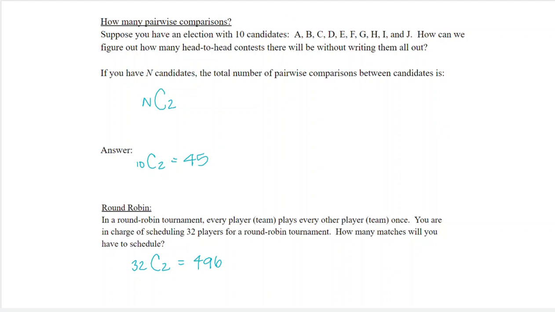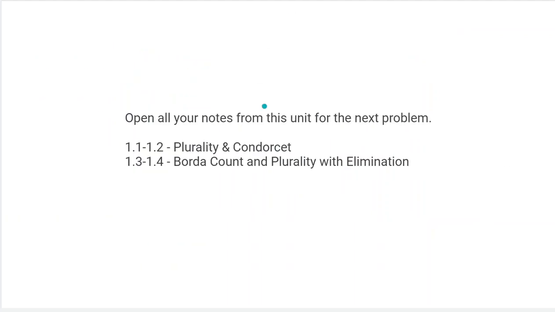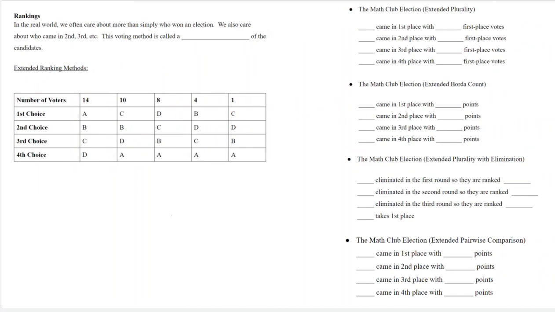Now, we have one more thing to cover. So, if you want to open up your notes from our previous two sets of notes on plurality and Condorcet and Borda count and plurality with elimination, we are going to refer back to previous problems that we've already done for our last topic, which is rankings. So, in the real world, sometimes it's important to just know who won the election.